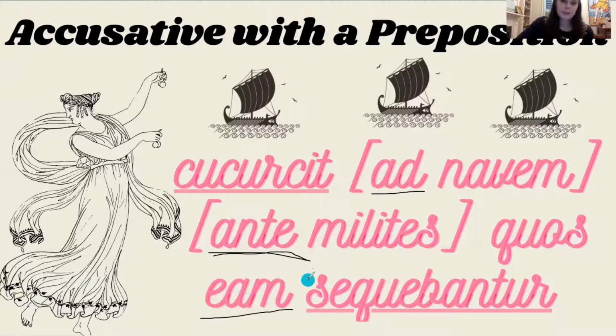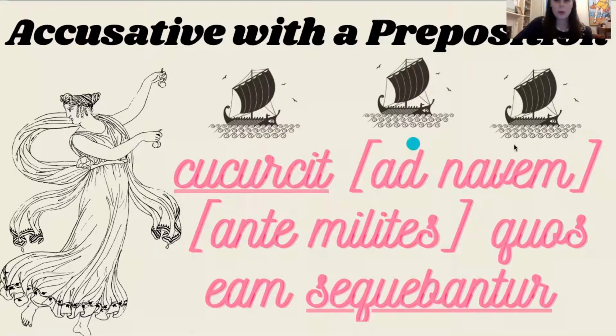So eam is in the accusative because it's a direct object, right? The action of following is happening to the woman, whereas here ship is in the accusative, not because it's the direct object of currit, so running, but because it is being what we call governed by a preposition, and it's the same with the soldiers. So if you're in a test or if you're in a class and your teacher asks you why is milites in the accusative case, you would say because it's being governed by the preposition ante.